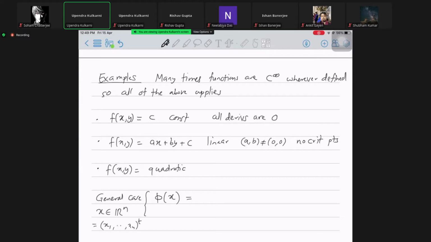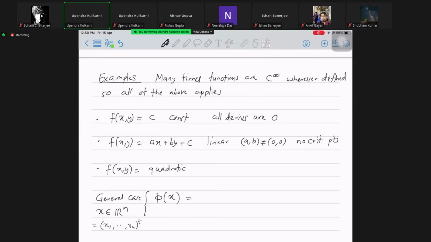But anyway, so what is it going to be? There is going to be the quadratic part. That means all of the variables xi, they will be squared and they will be summed. Then there will be some cross terms, xi xj, and such terms will have some coefficients. Then there will be a lower degree part, which is the linear part, exactly like what I have written above, plus a constant.